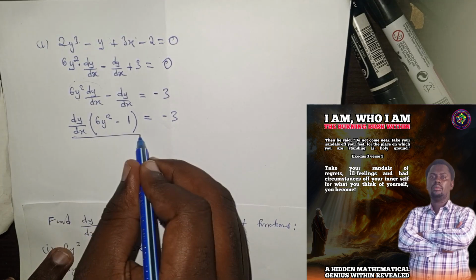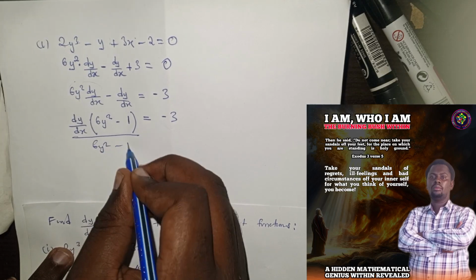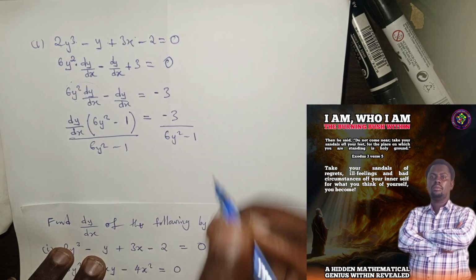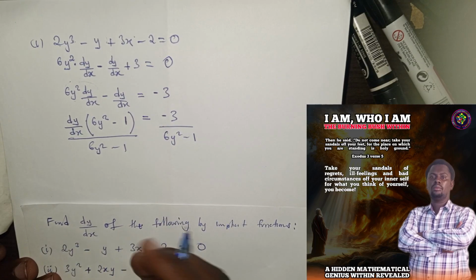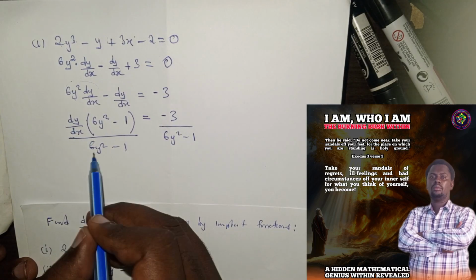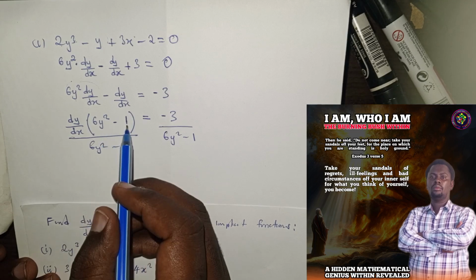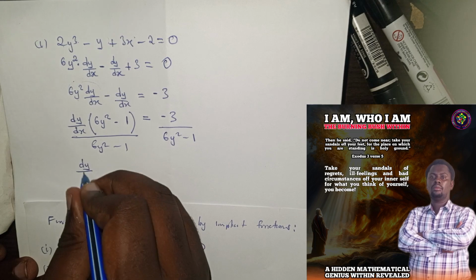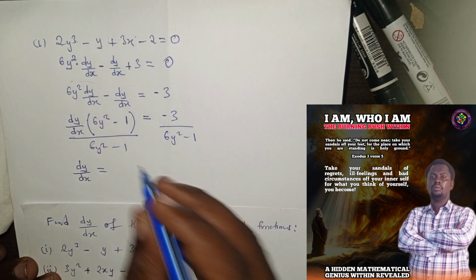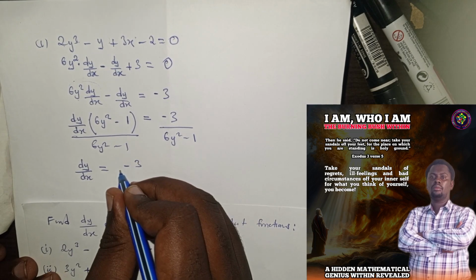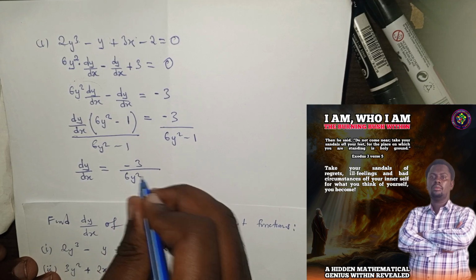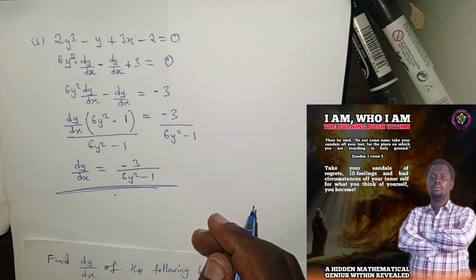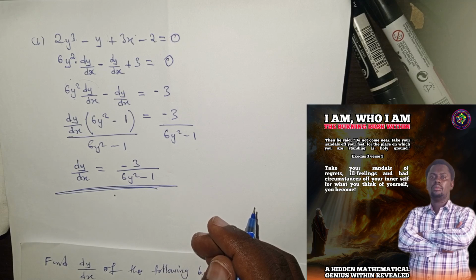So 6y squared minus 1 and 6y squared minus 1 will cancel out. You remain with dy/dx is equal to minus 3 over 6y squared minus 1. Okay, so that is the answer for the first one.